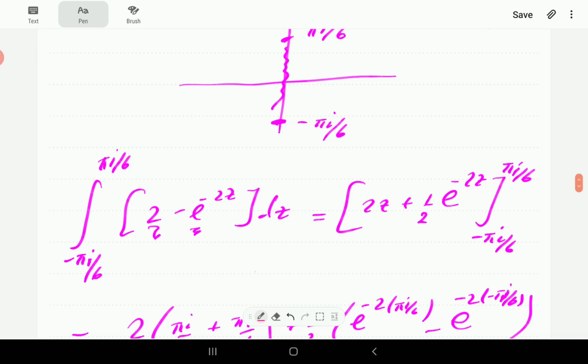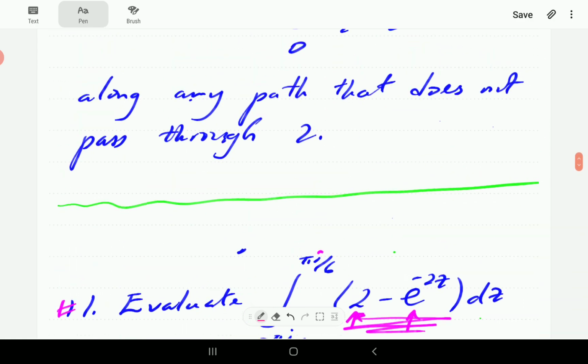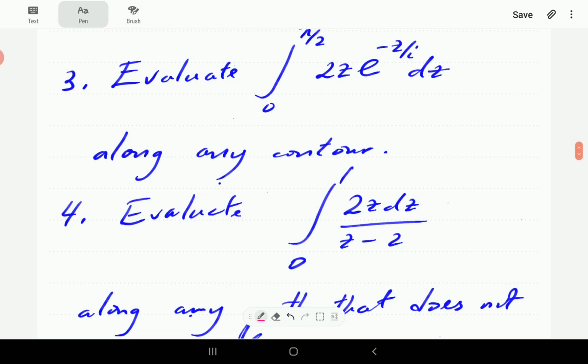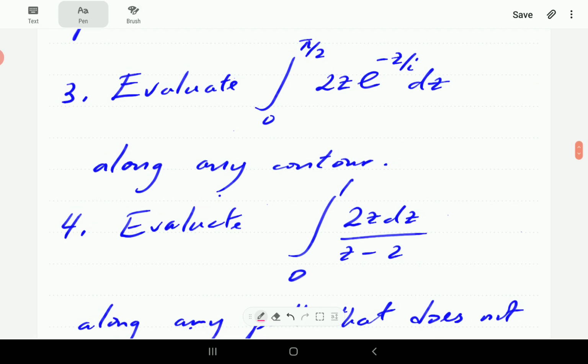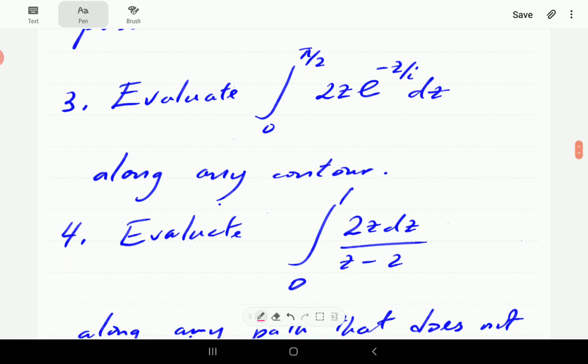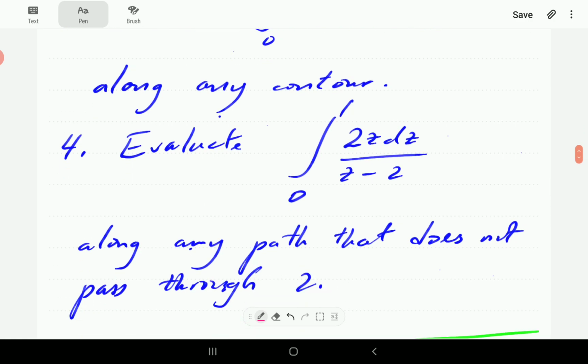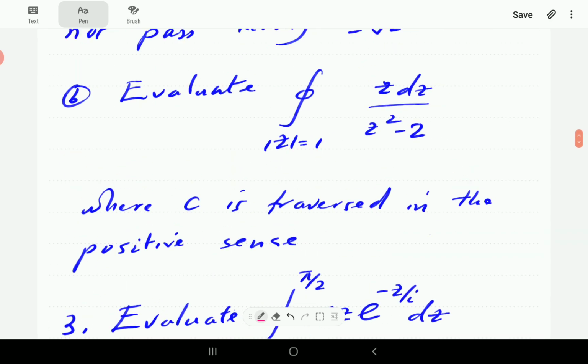Okay, now we're going to give you an opportunity to have a go at number 3 and number 4 before you have a look at our solutions. So just pause the video. There is number 3 and there is number 4. There are questions of a similar nature to what we did.